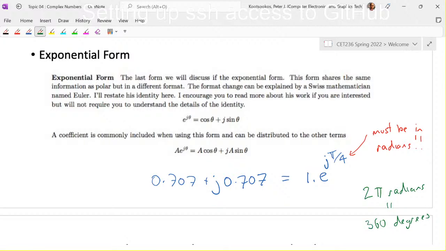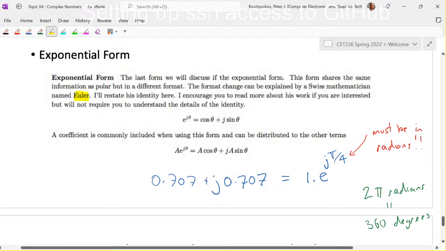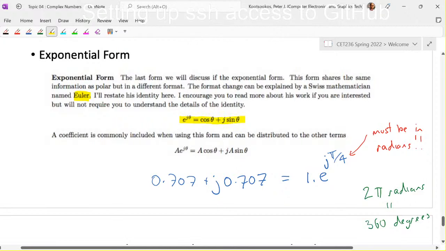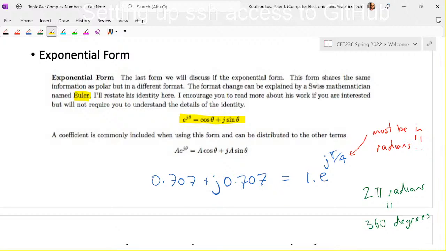Now, why am I telling you this? Well, like I said, it means that you can use Euler's formula. I think the guy's name's up there. You can use Euler's formula to convert from one to the other. Because Euler's formula says that e to the j theta is equal to cosine theta plus j sine theta.